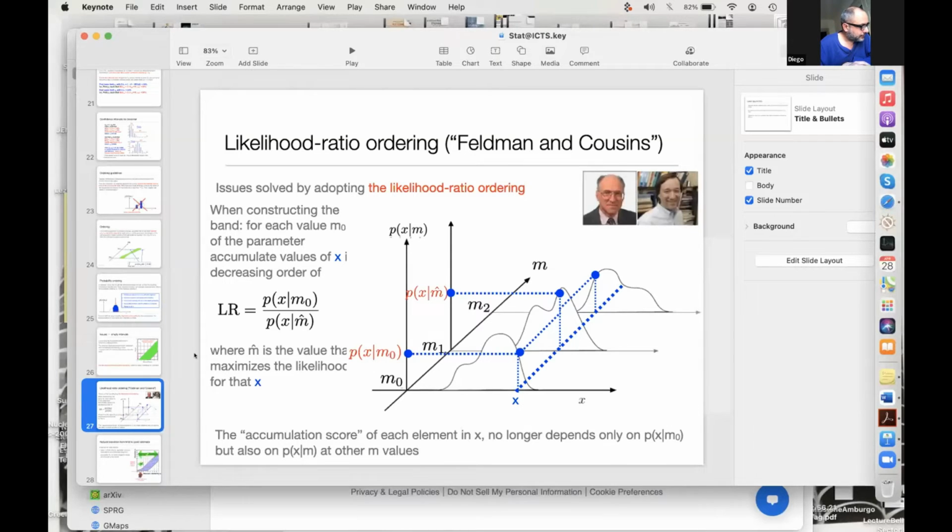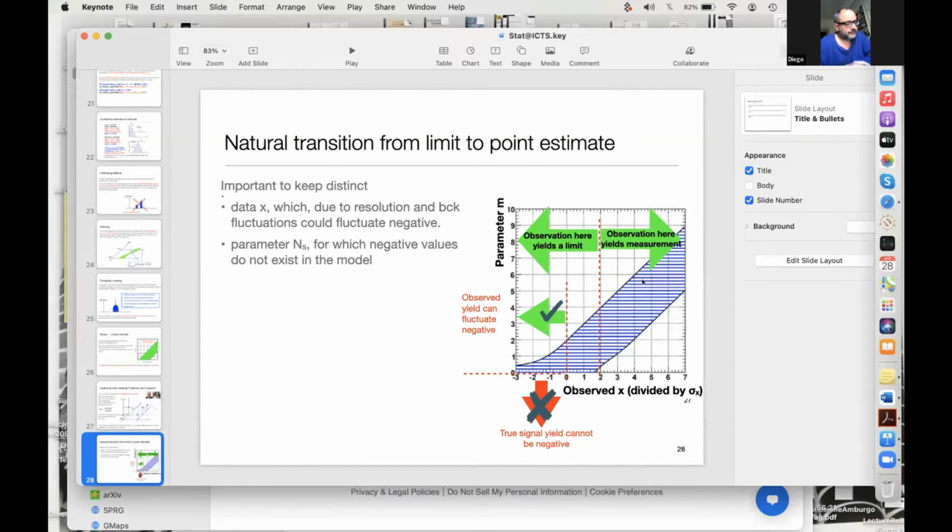Okay, so the result of this in the toy example I've just shown is that, as you see now, the band constructed according to the likelihood ratio, or the Feldman-Cousins, it's the same thing, will no longer sharply die before -2, but it will regularly deflect, and this will take into account also observations that are negative, and will give actually a confidence interval that is not empty for any observation one will do.